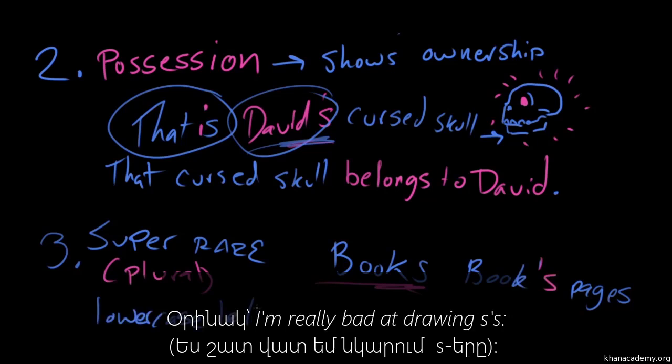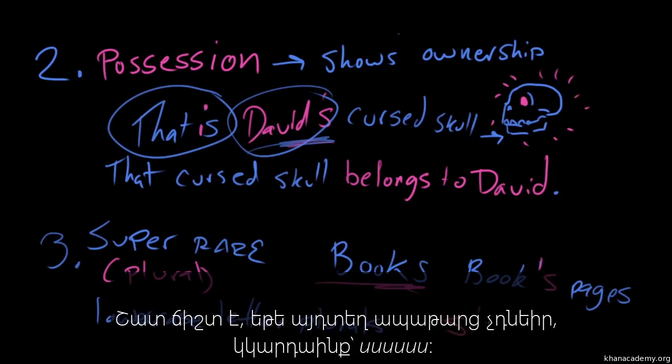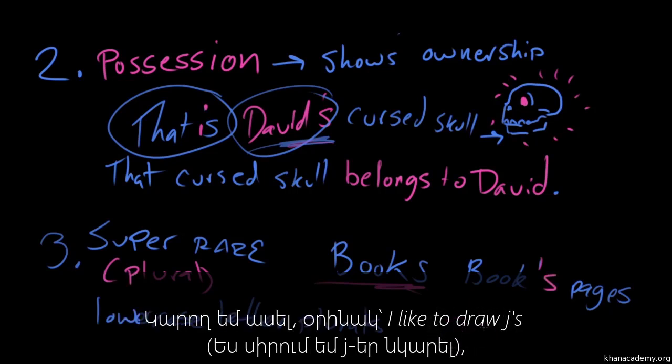Like, I'm really bad at drawing S's. Right. If you didn't have that apostrophe there, it might just look like Ss. So I could say, for example, I like to draw J's.